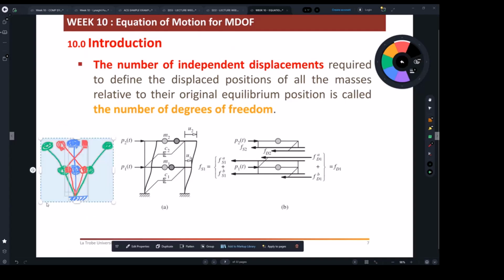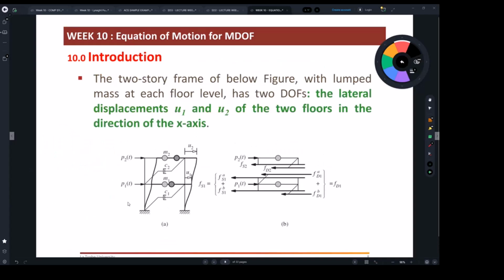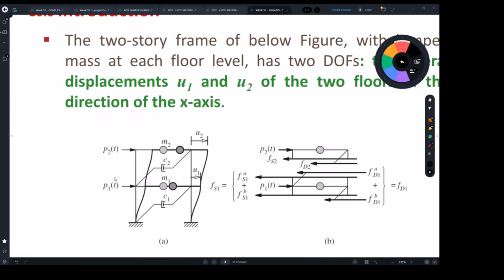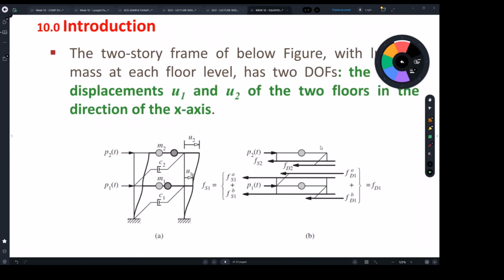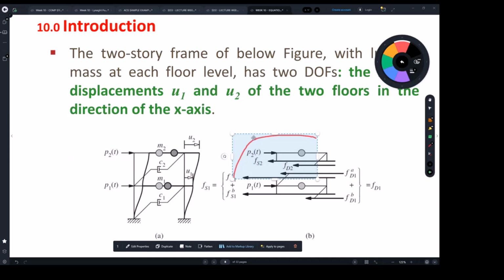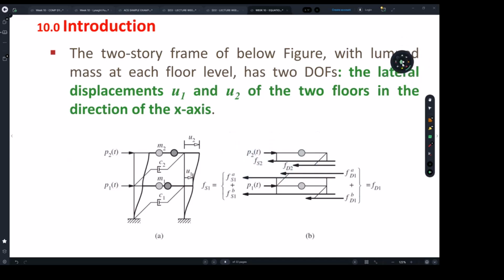Okay, so we talked about degrees of freedom, and now the slides are focusing more on the parameters we have. I think I've already briefed you about the degree of freedom. Now the free-body diagram for the higher floor, and the free-body diagram for the first floor.